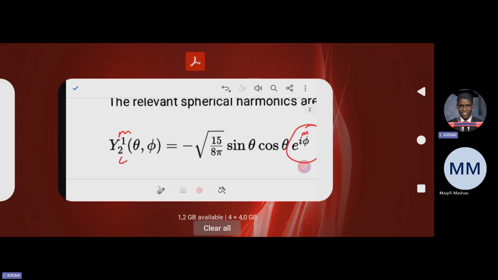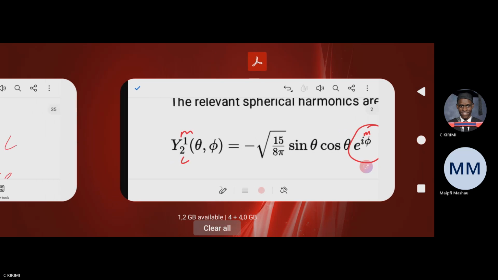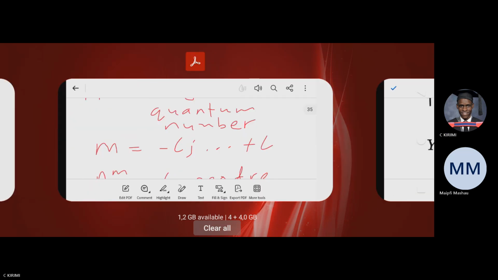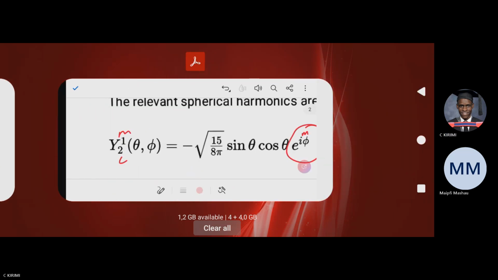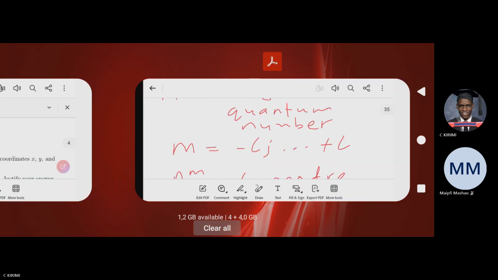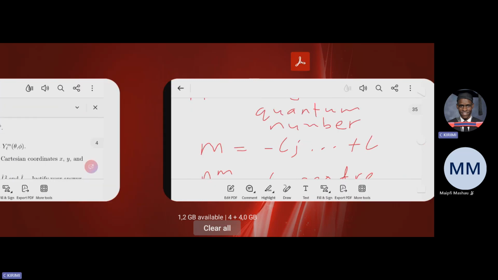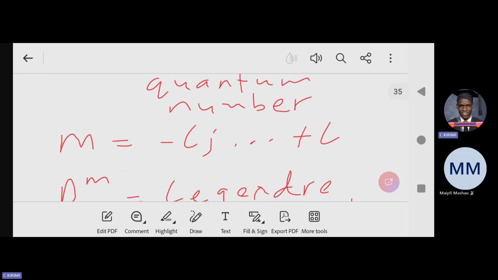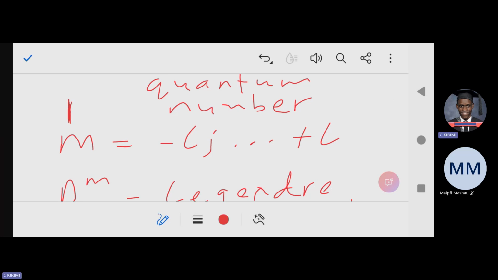And the magnetic quantum numbers, which we are going to calculate. We said m is 1. So if m is 1, which ones are the magnetic quantum numbers? We are looking for l, from minus l to positive l.